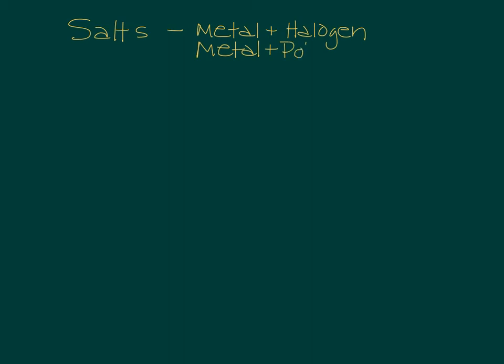So how do I know when I have a salt? Salts are a little bit more difficult to recognize. Salts can be a metal and a halogen, so that's group 17. It can be a metal and a polyatomic, something from table E. Or it can be 2 polyatomics.